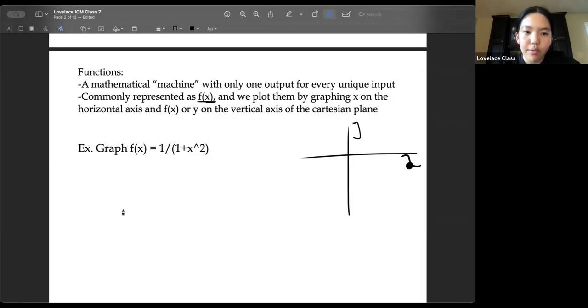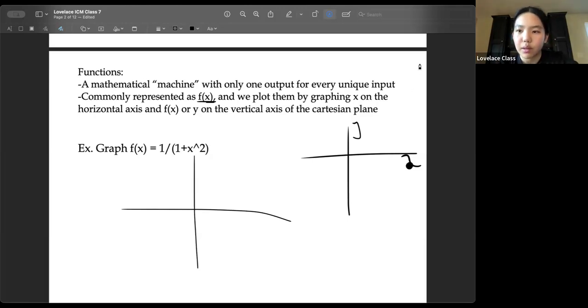So if we want to graph the function f of x is equal to 1 over 1 plus x squared, we can just test a few points, right? So if x is 0, for example, we're going to have 1. So it's going to be here. And then as x gets greater, the function decreases, right?